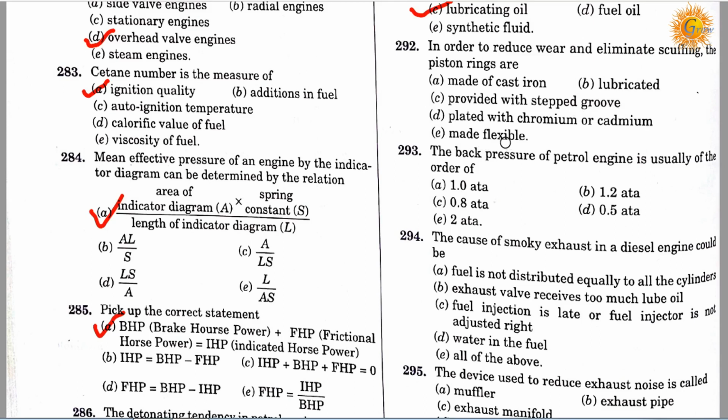So the correct answer will be D, because in order to reduce wear and eliminate scuffing, the piston rings are plated with chromium and cadmium.